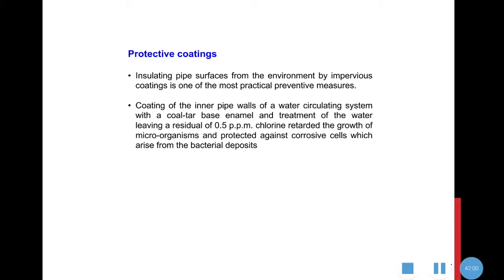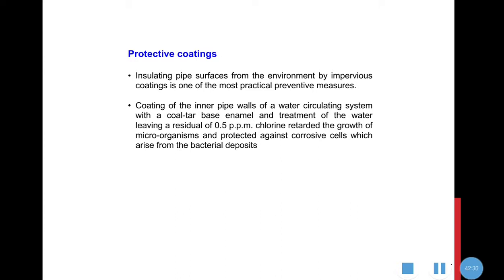Okay, nowadays many industries already apply this: they coat the inner pipe using coal tar-based enamel, placed on the surface, and they treat the water leaving a residual using chlorine. So by using biocide, as before, there are many types of biocide: chlorine, formaldehyde, iodine.